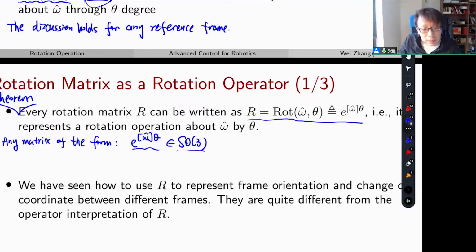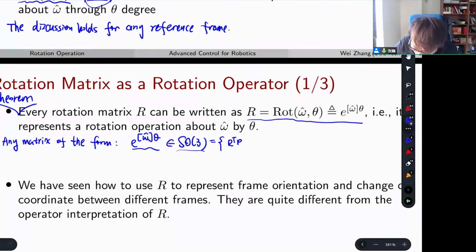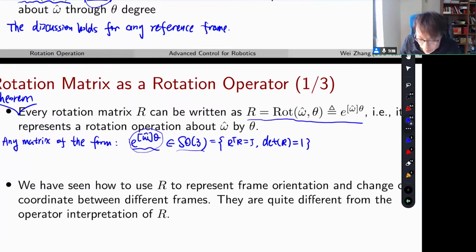We defined the rotation matrix before as the orientation, and it satisfies the SO3 requirements. What is the requirement? R transpose R equals identity, determinant of R equals 1, right? That's our requirement.